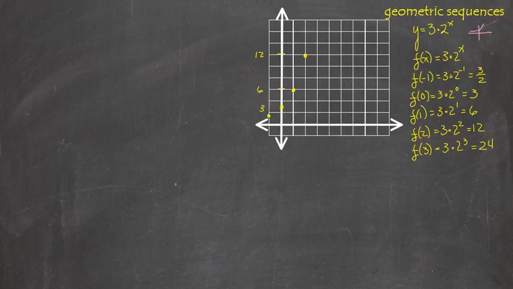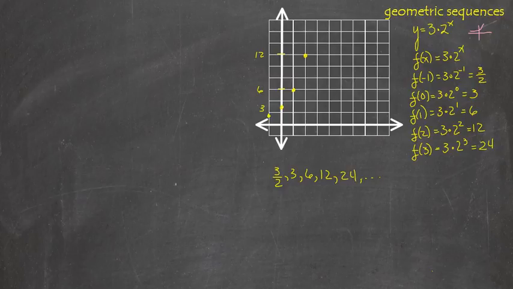So if I were to put these into a sequence, the first would be 3 halves, the second would be 3, the third is 6, the fourth is 12, the fifth is 24, and if I kept adding function values, it would go on and on.